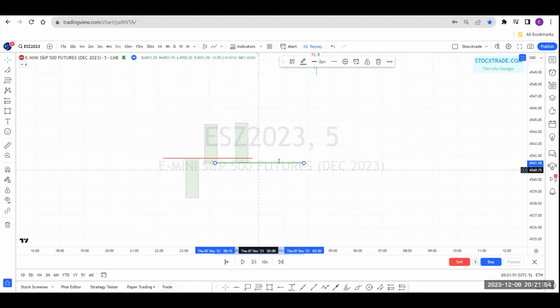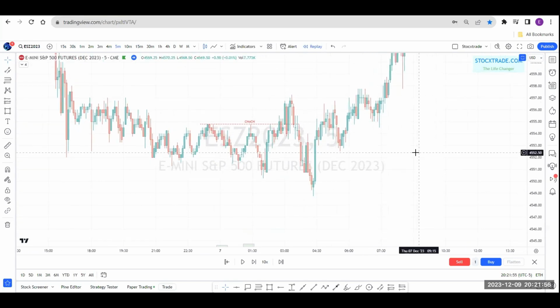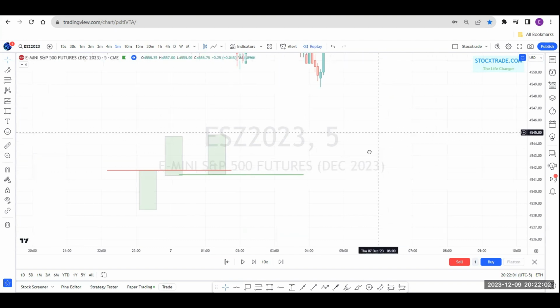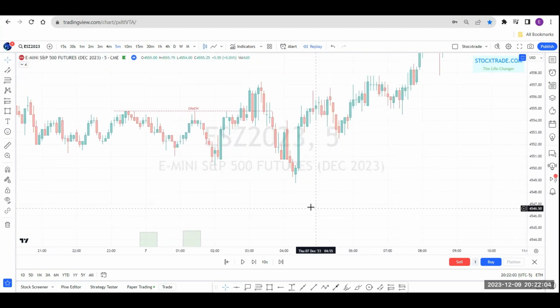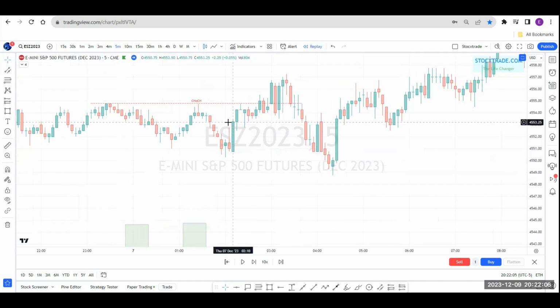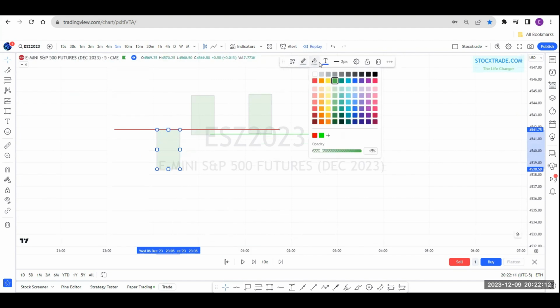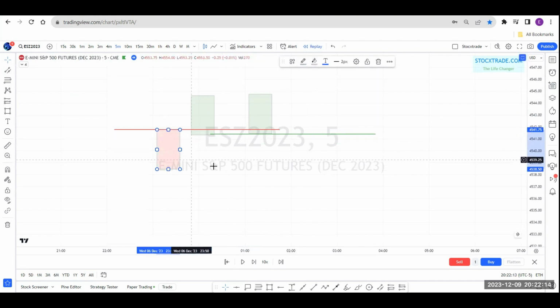If you see the chart, for a fair value gap the market should make an impulsive move, a rapid move. One more thing: the first candle can be a red candle either way. Don't think that it should be a green candle.